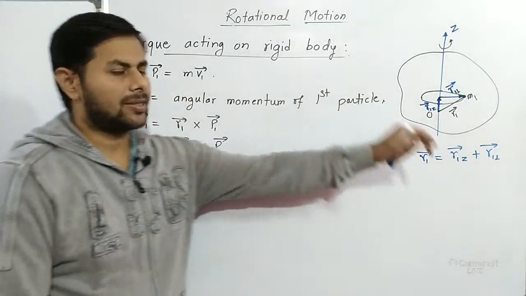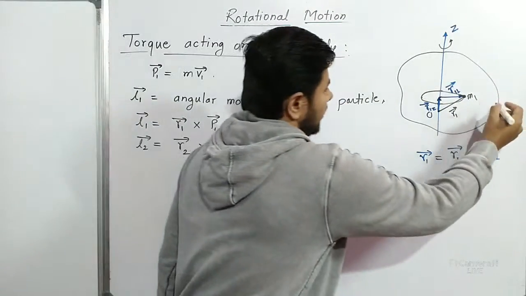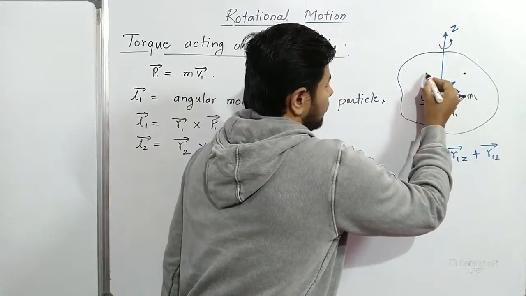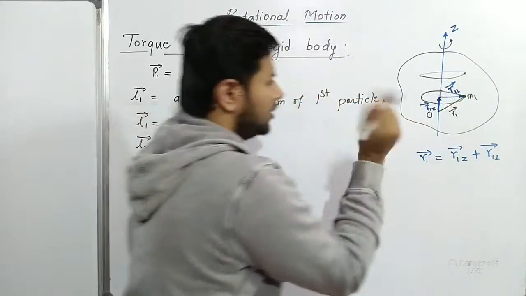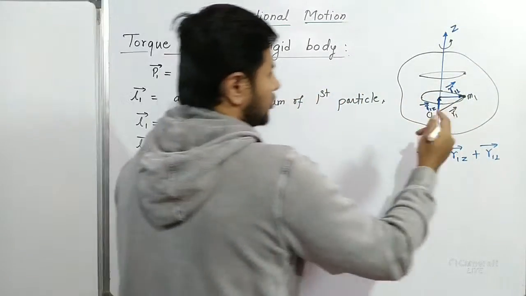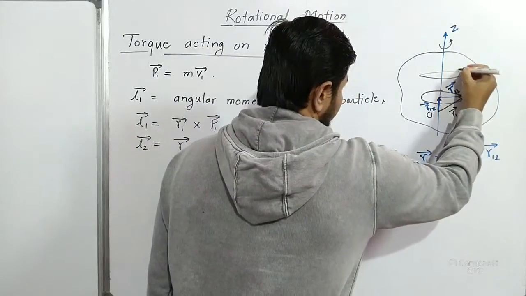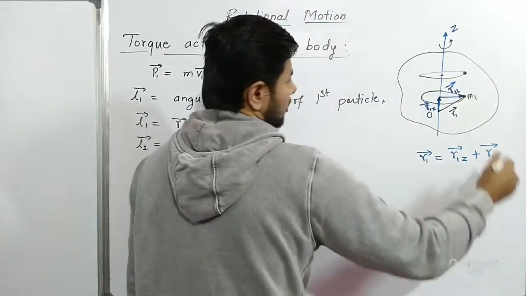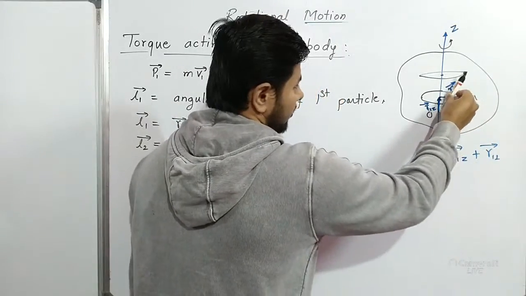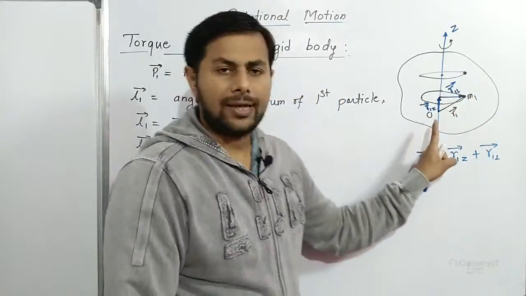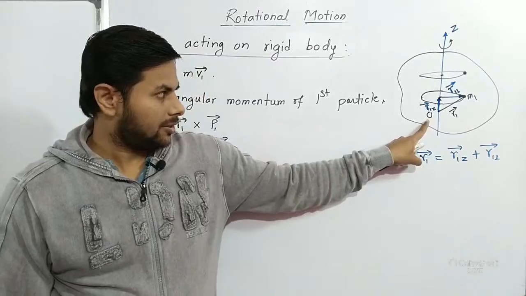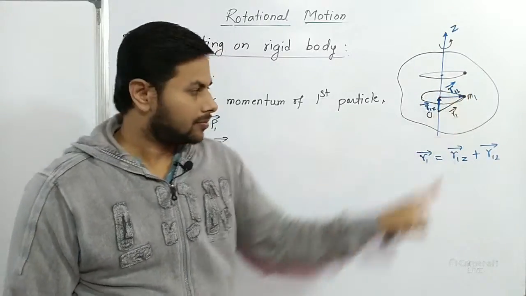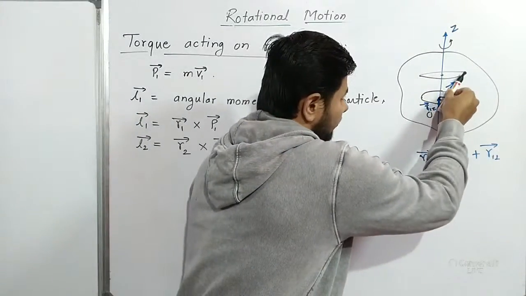If we have a second particle, let's say somewhere here, it is moving in a circle and performs circular motion. Its center lies over here, so its position vector is a vector directed from the origin to the position of this particle. All right, so this is the position vector.